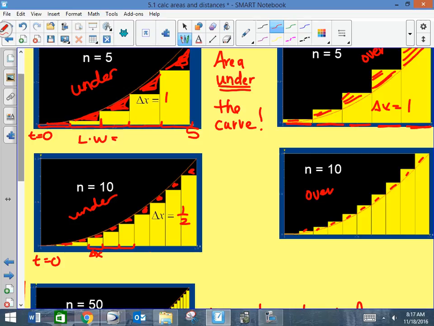Length times width is the area of a rectangle, right? Our width is 1 every time. What's our length? Where would we get that? This right here would be your length. From here to here is another length. Here to here is another length. Here to here. Here to here. Where are those coming from? It has everything to do with this curve here.